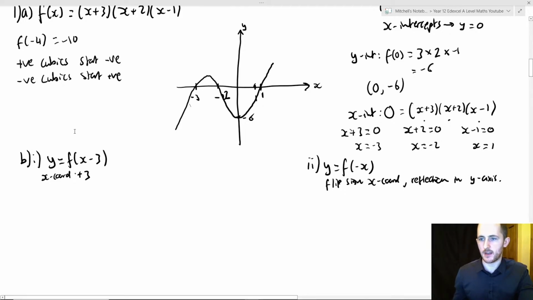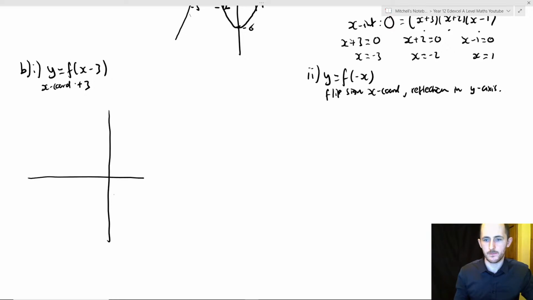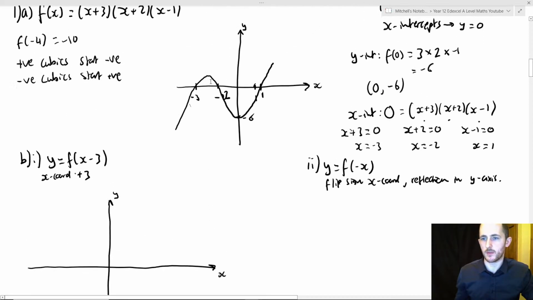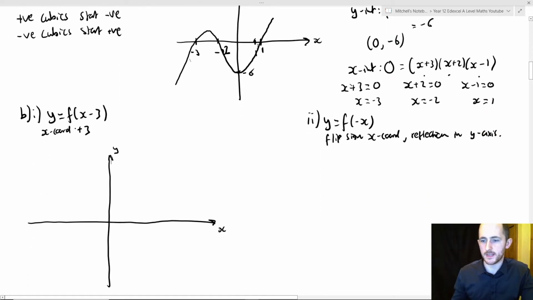So let's get started. If we start down here, we have our graph. And again, I made the right hand side slightly longer because if you notice, all of my coordinates are now going to be shifted over. So this coordinate 1 is now going to be 4. This coordinate minus 2 is now going to be 1, which I'm going to put over here.